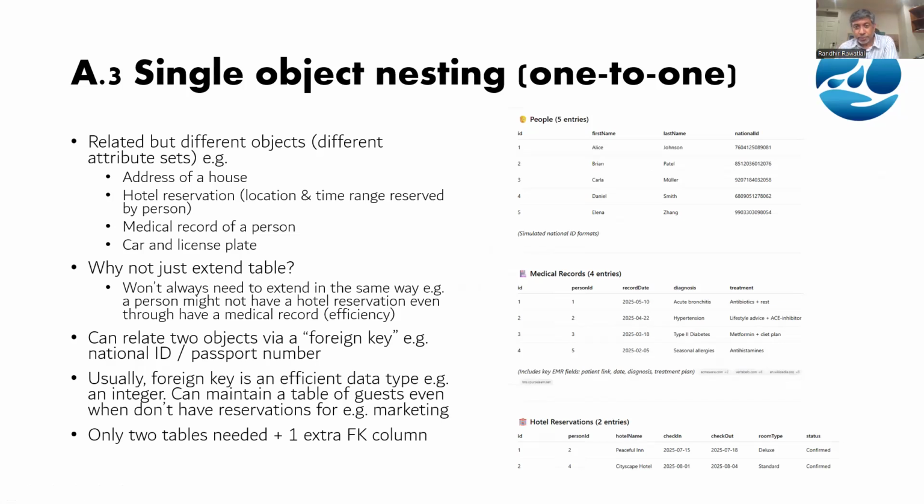Now, we could have a one-to-one relationship. So for one person, there exists one medical record. And of course, in the record, you may have multiple entries. But that would be a one-to-one relationship.